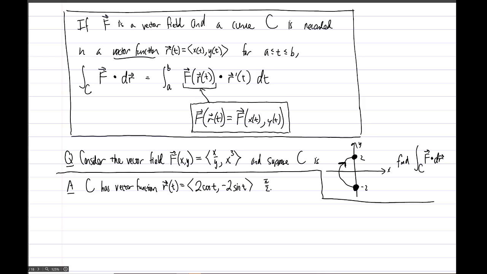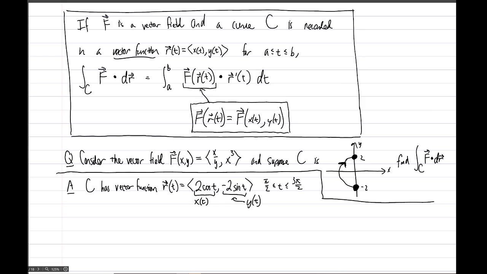So pi over 2 less than or equal to t less than or equal to 3 pi over 2. And we'll just comment here that 2 cosine of t is our x of t, and -2 sine of t is our y of t. Okay, so there's our parameterization of the curve written as a vector function, and we have taken into account the direction.